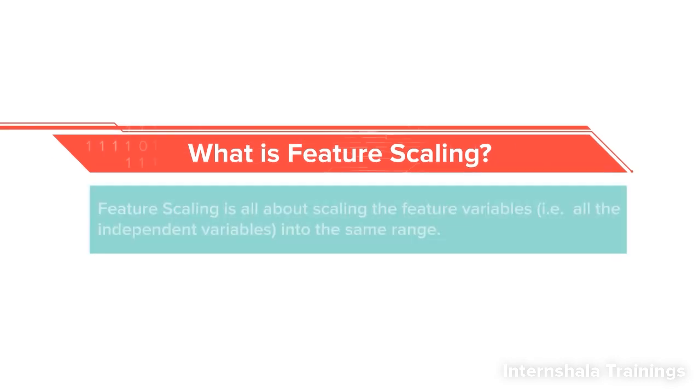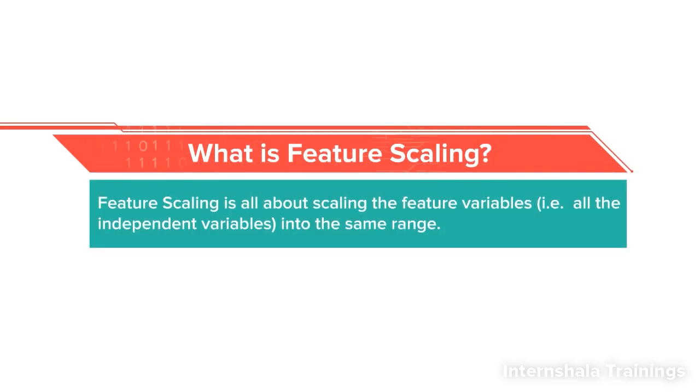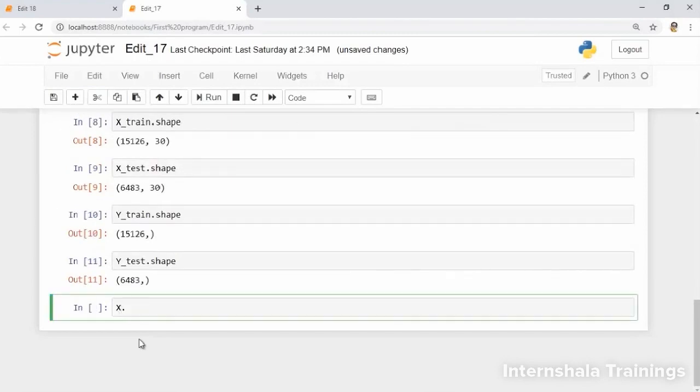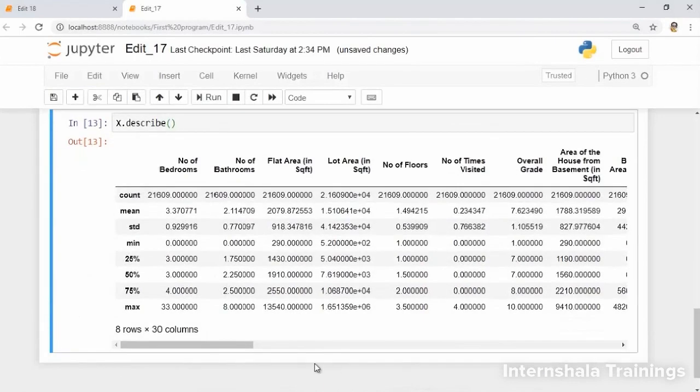As the name suggests, feature scaling is all about scaling the feature variables, that is, all the independent variables, into the same range. For understanding this, let us look at the descriptive statistics of the X dataset. We see that our dataset contains variables which differ in magnitude and range.